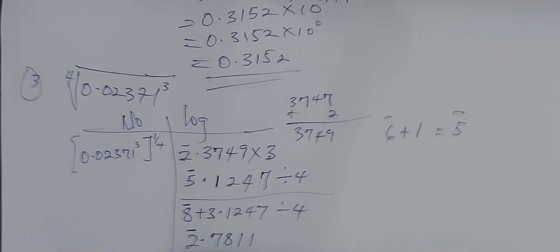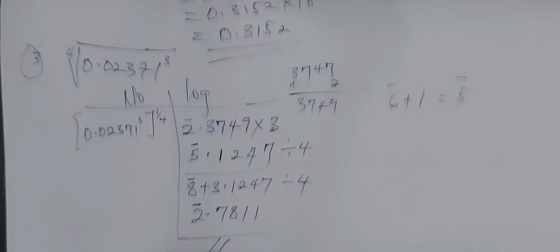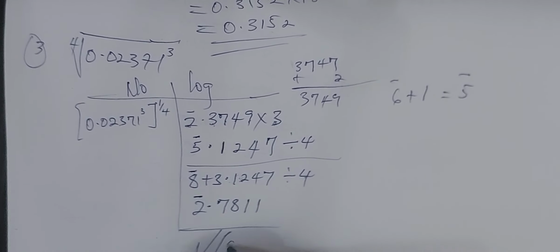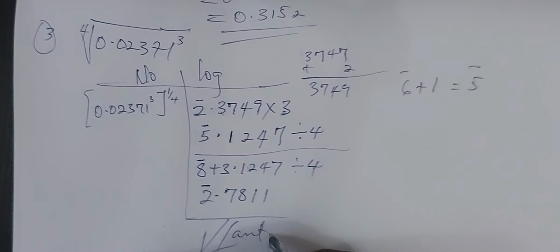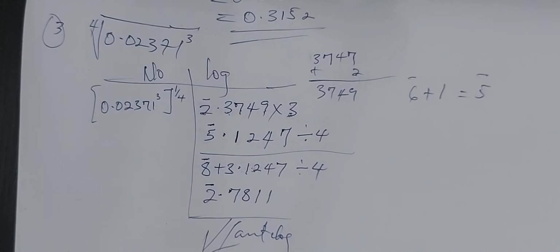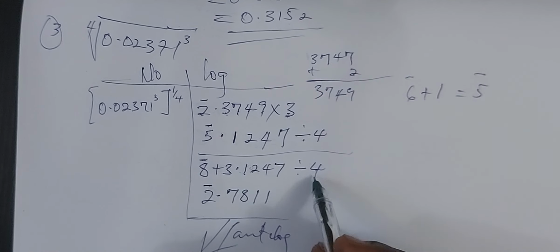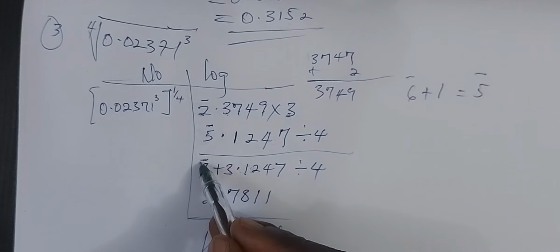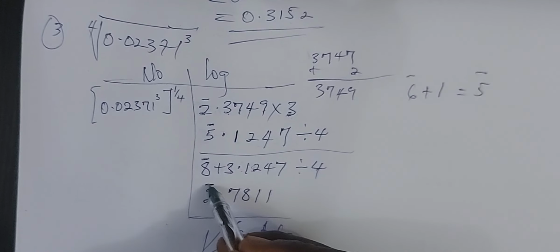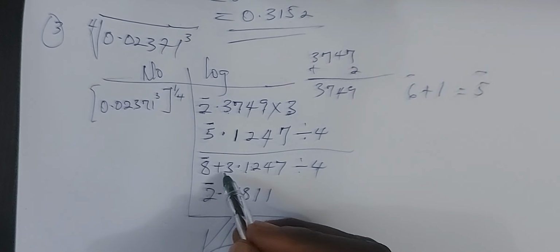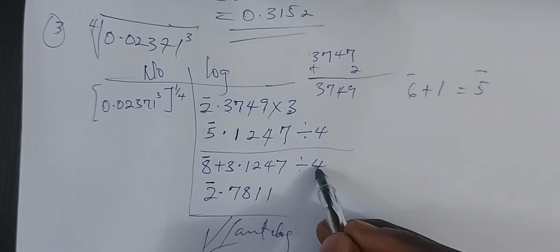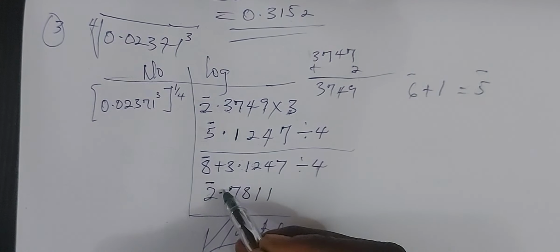So what we need to do is to find the log of this. Let's cross-check so that we'll be sure of what we have done. Bar 8 divided by 4, we have bar 2. 3 divided by 4 cannot.